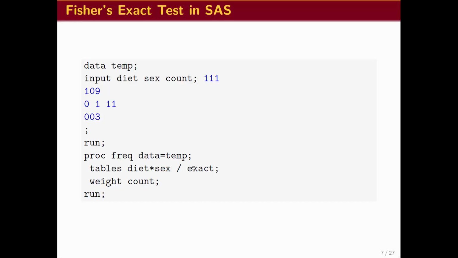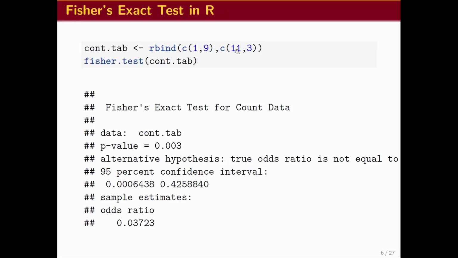Different software packages often will warn you if the number of entries in your table are smaller than 5. So for example, you can ask R to do a chi-square test on this table. But it's going to warn you and say, beware, the chi-squared approximation may not be very good because some of the cell counts are less than or equal to 5. SAS will do the same thing.